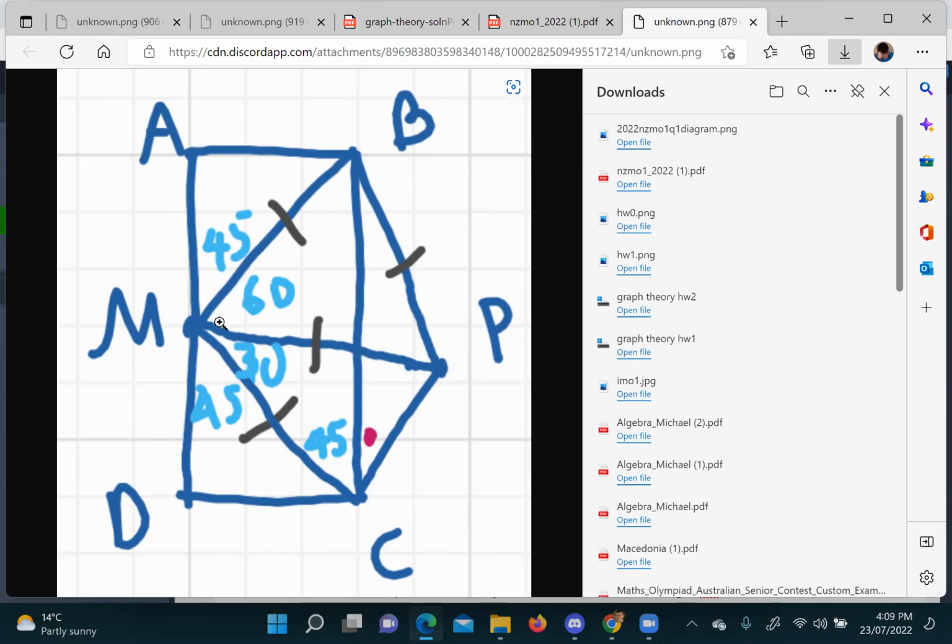When you write your solution, you want it to be in short logical statements, like sentences. So for example, the first statement might be angle AMB equals 45, yeah? And what's the reason?